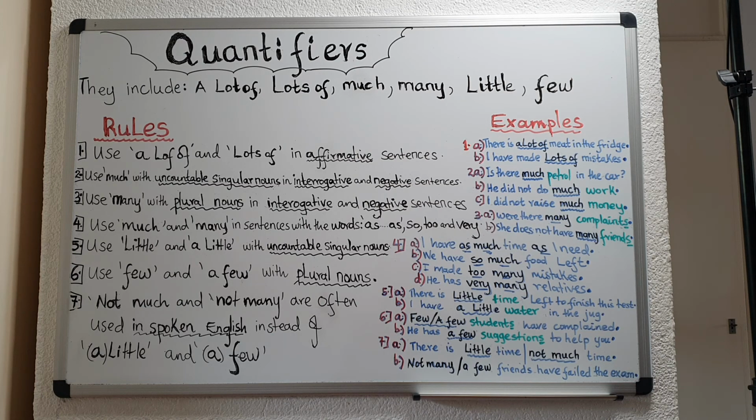So when you're speaking, there is a tendency to use not much, okay, or not many instead of using a little or a few or little or few. How do you apply that?